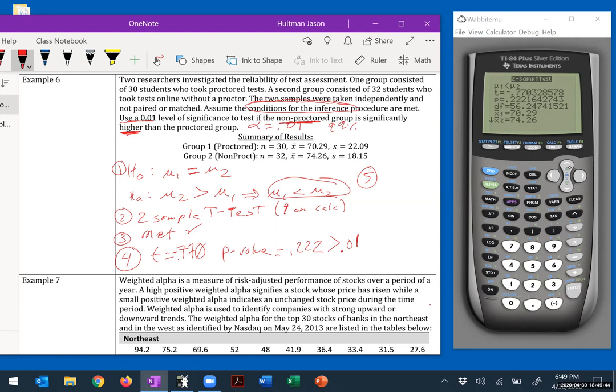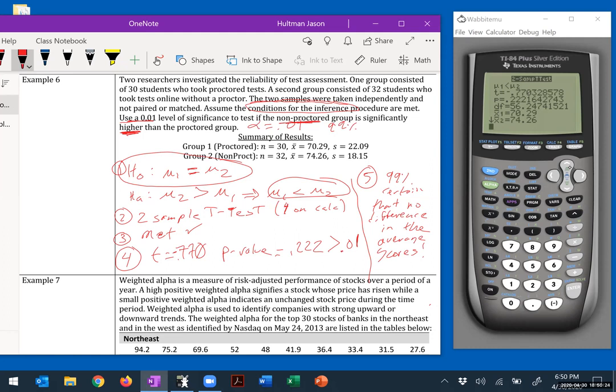When my P value is very large, that tells me that I failed to reject the hypothesis. This tells me that we are 99% certain that there is no difference in the average scores.